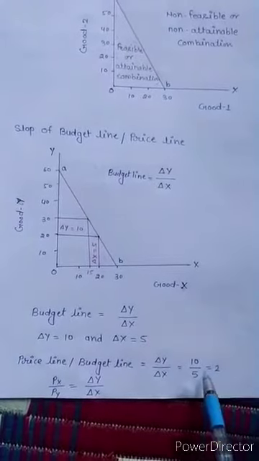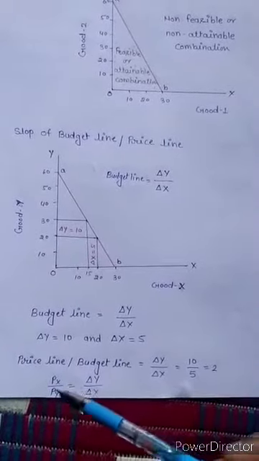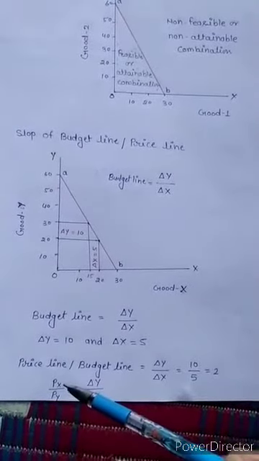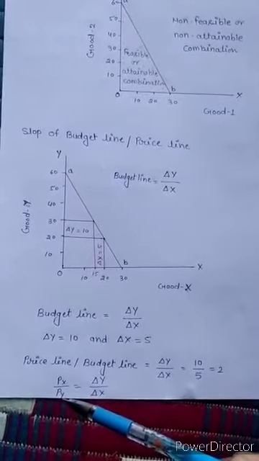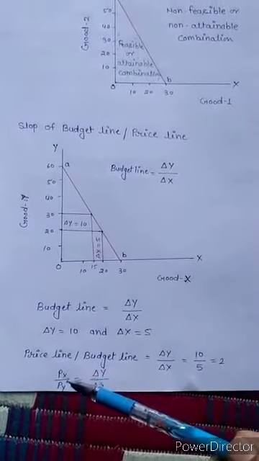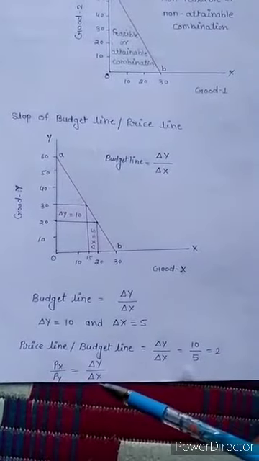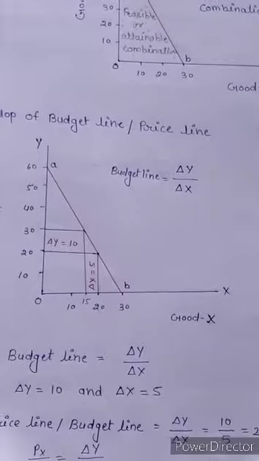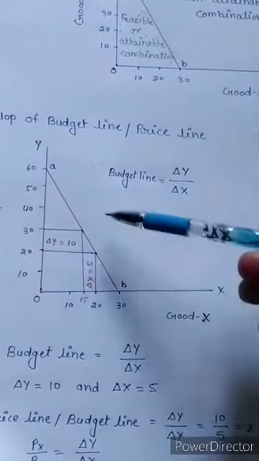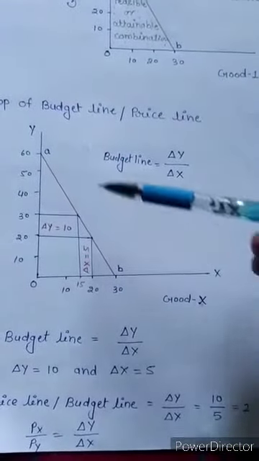Here the slope of the price line or budget line is 2, which also shows the ratio of the price of X commodity and Y commodity. So we can write Px upon Py is equal to delta Y upon delta X. One thing to note is that the slope of the budget line is constant.